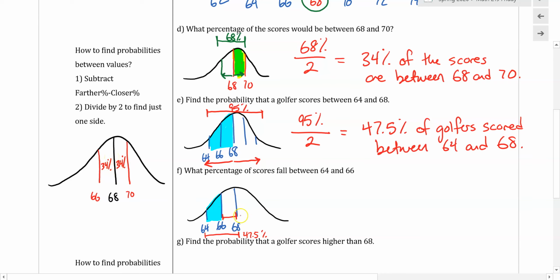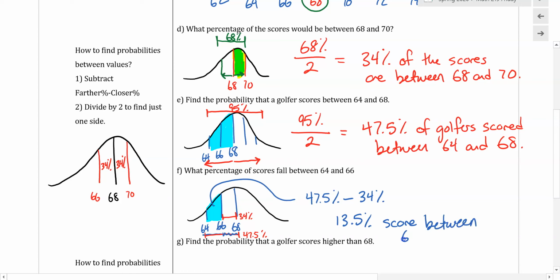So anyways, I know that this little chunk here is 34%. So to get this blue shaded part, I'll take the big piece, the 47.5%, and I'll subtract out the 34% that I do not want. Right? I'm taking all of this and I'm subtracting out this little part that I do not want. And, well, that'll come out to 13.5%. Score between 64 and 66.